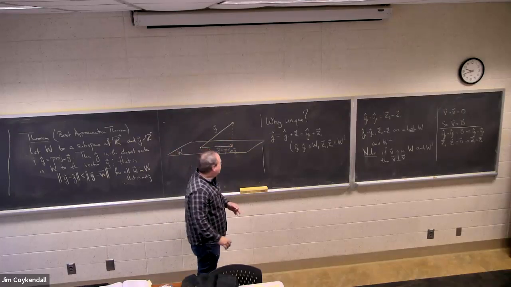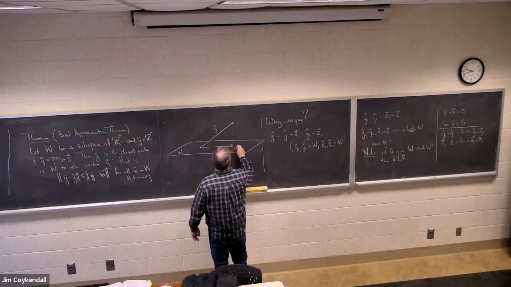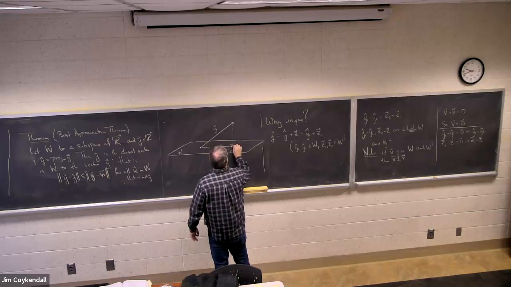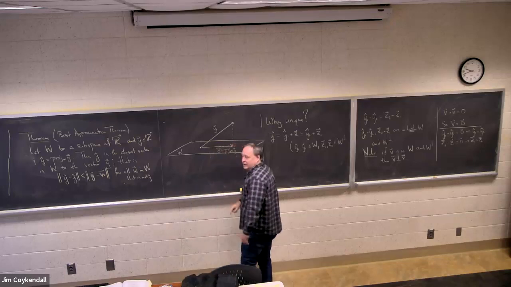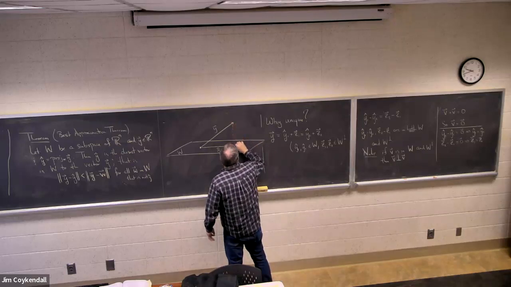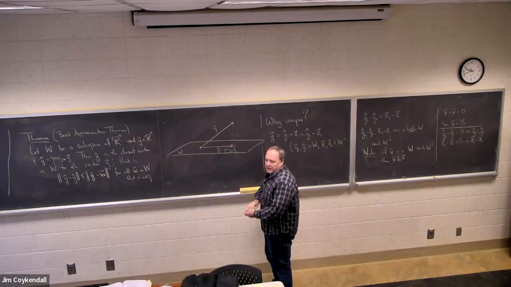And you can see that this must be a minimum in the following sense. If you move this vector just a little bit, make it a little bit longer in any direction, you get a distance here that's bigger than the dotted yellow distance.